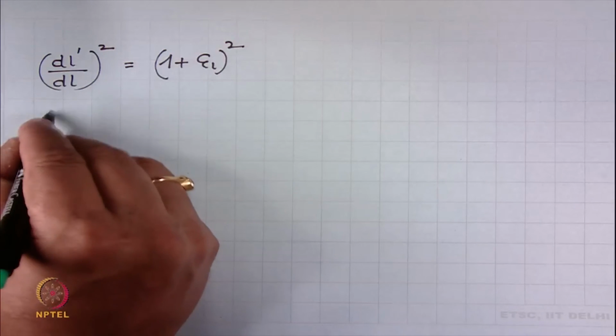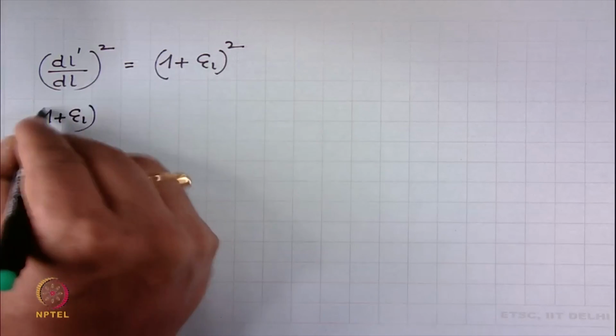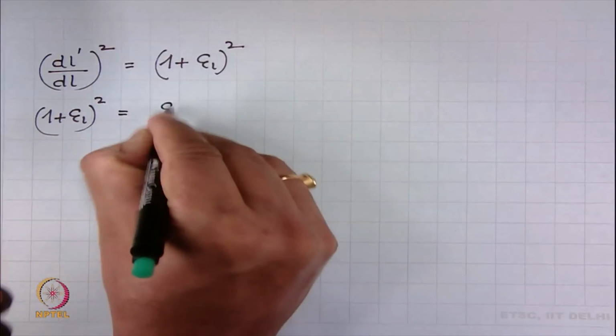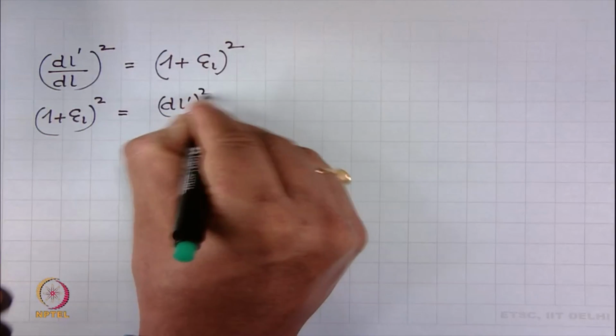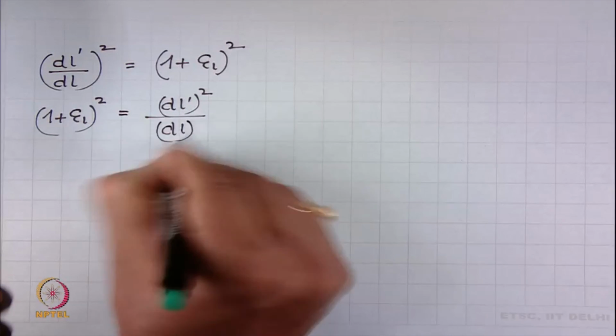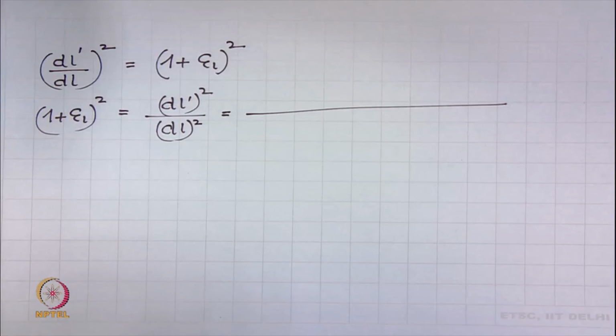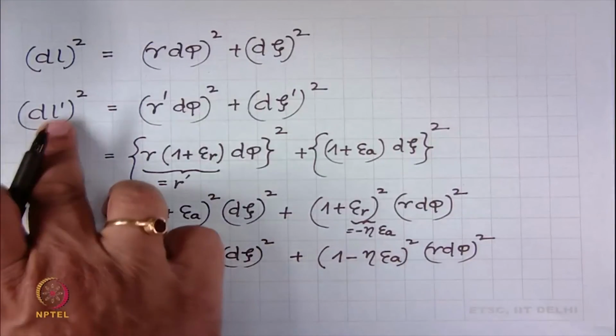So, 1 plus epsilon L square is this divided by this. We have just now derived dl prime square is this.